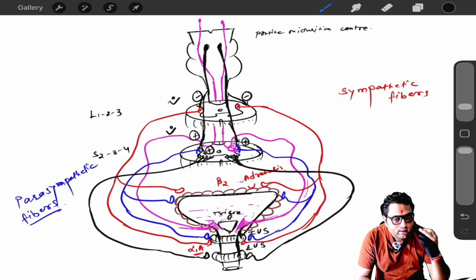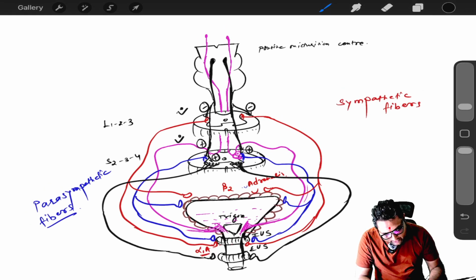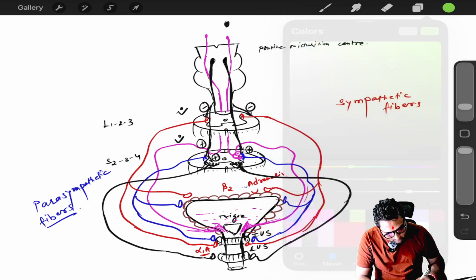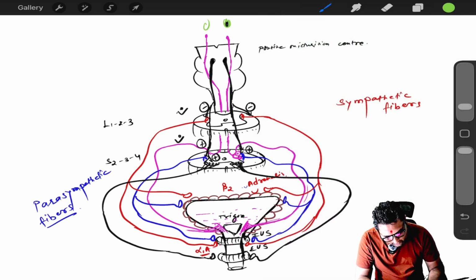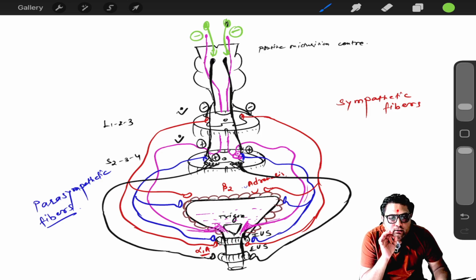Now, when the bladder is filled, but the situation or the place where you are is not socially acceptable to void the urine, our higher center, the cerebral cortex, keeps this pontine micturition center inhibited. So what happens when the situation is not socially appropriate to void the urine?